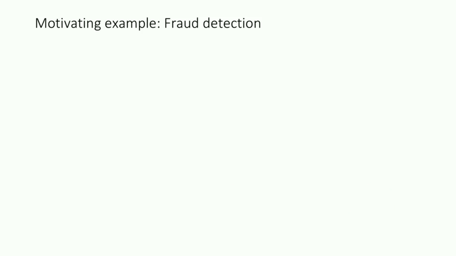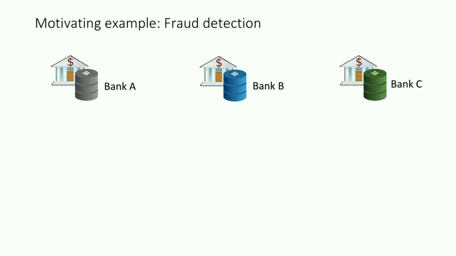First, let me give you one motivating example of how blockchain can help solve the problem and also where we need new technologies in blockchain. This motivating example is in the area of fraud detection.